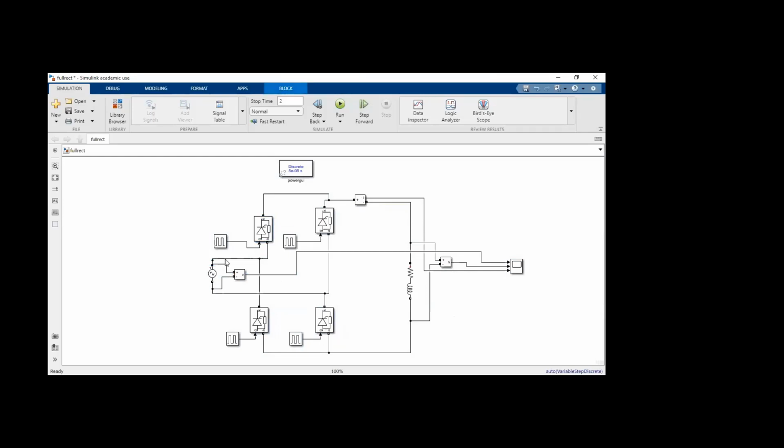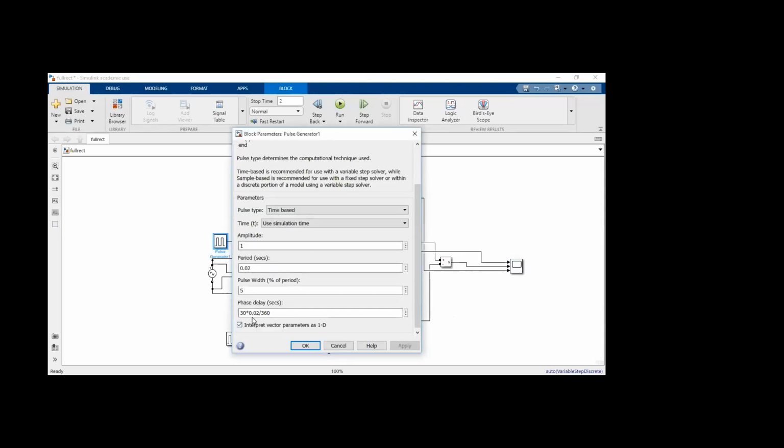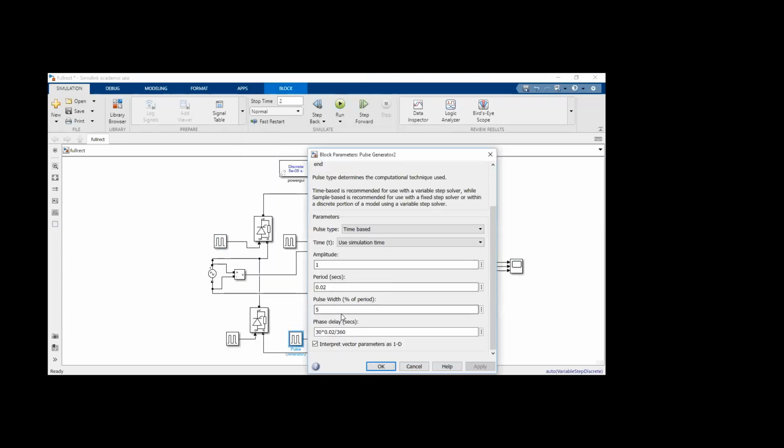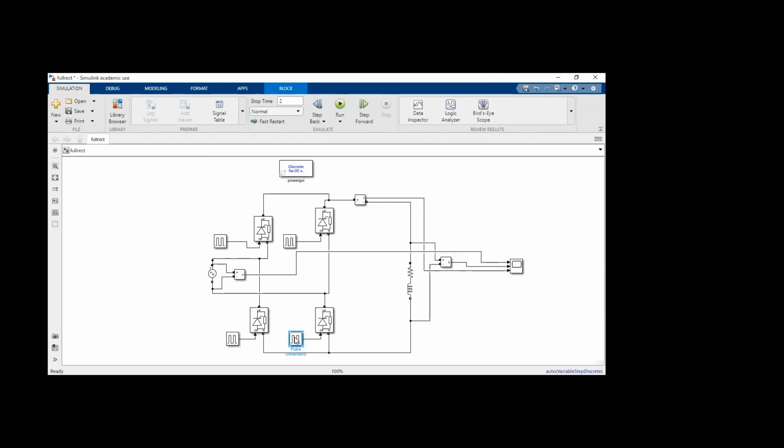During the positive half cycle, thyristors 1 and 4 will conduct. During the negative half cycle, 2 and 3 will conduct. If I want to control the circuit, the pulse generator angle I have given, the phase delay of 30 degrees, is given to this particular circuit. Some members know that they can delete the extra blocks and connect directly like this.